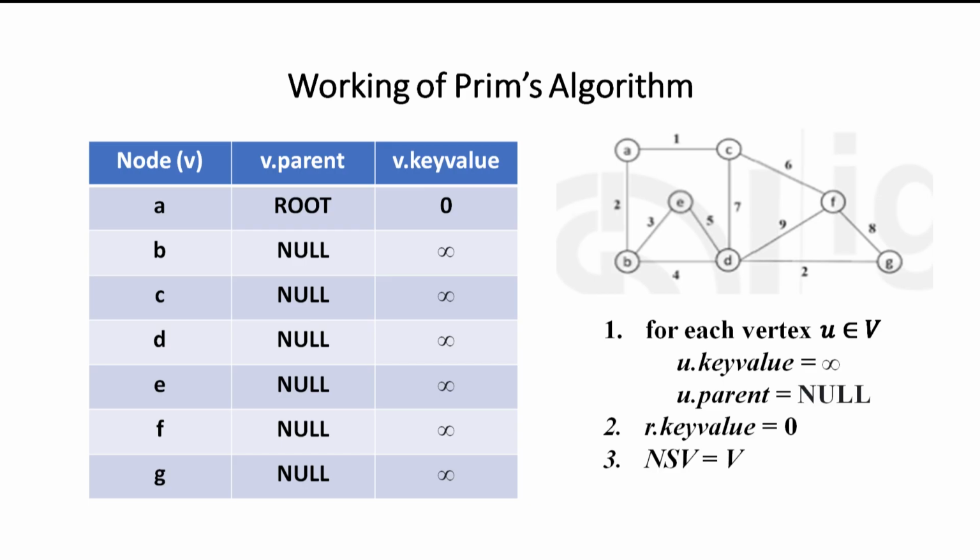We want to start from vertex A, so A will be the root node and its value will be initialized as 0. For the remaining vertices, B, C, D, E and so on, the parent will be initialized as null. We assume the parent will be decided later on. Initially we initialize it as null as per the algorithm, and their weight from A is initialized as infinite in the beginning. So this is the initialization in Prim's algorithm for this particular graph.